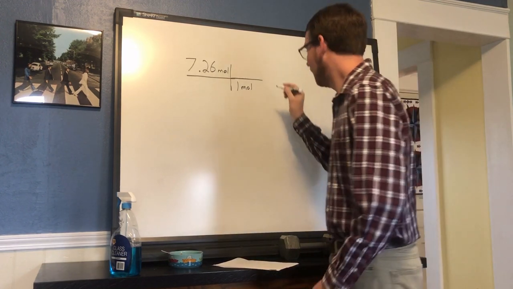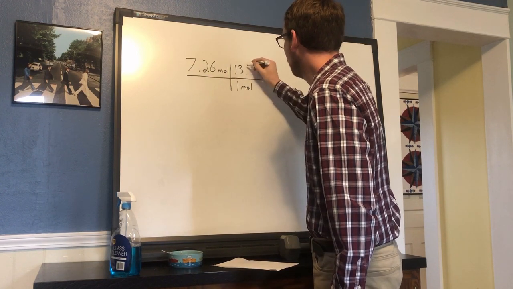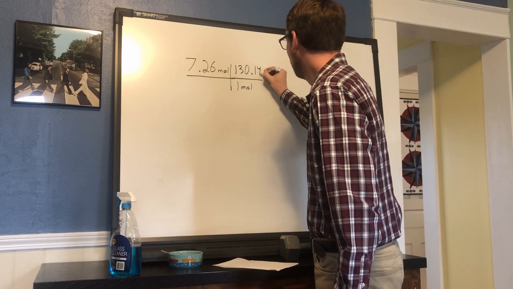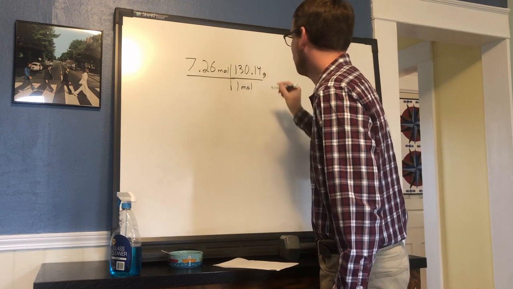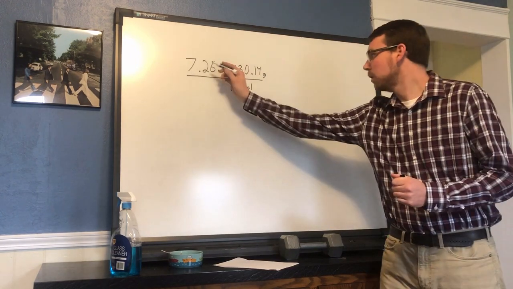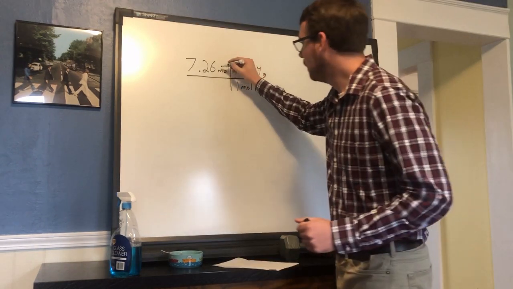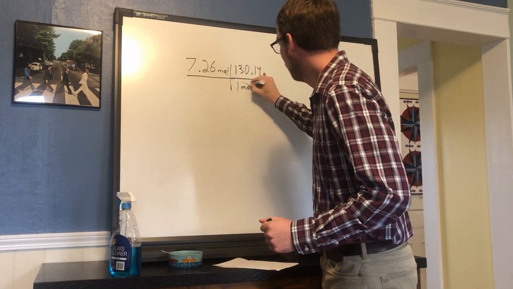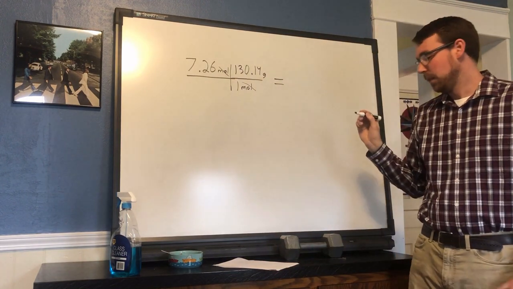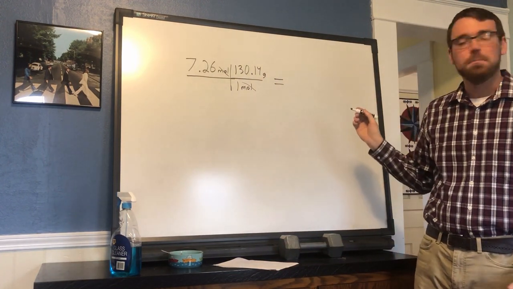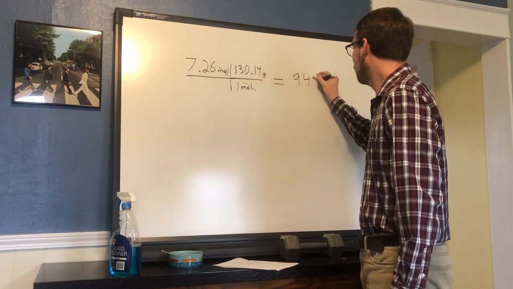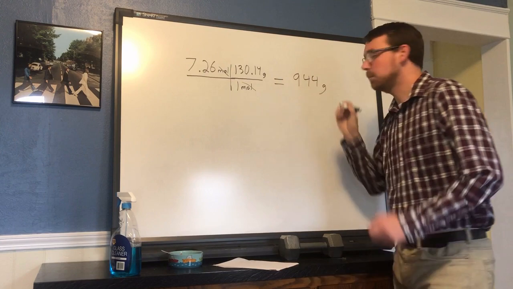The molar mass is 130.14 grams per mole. We are now going to multiply across the top, and our units will cancel top to bottom. This will give us a mass of 944 grams.